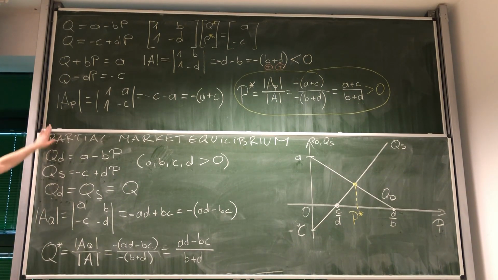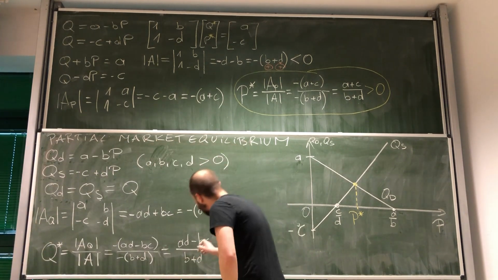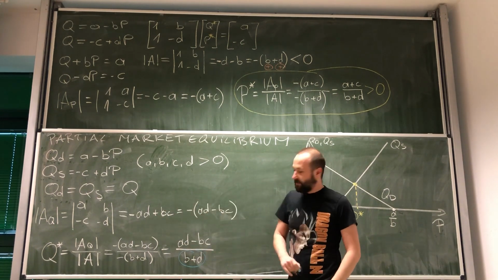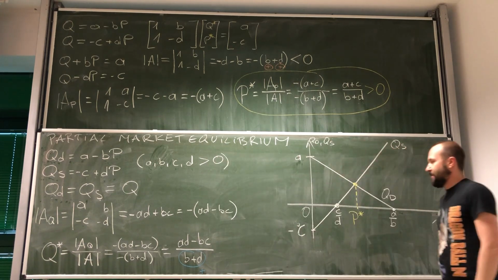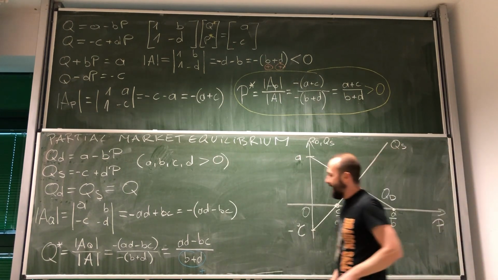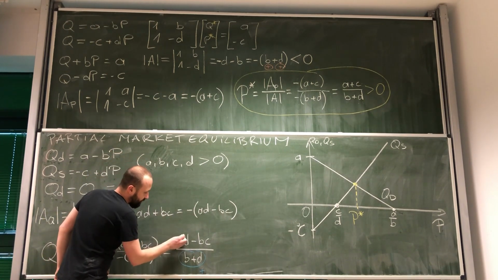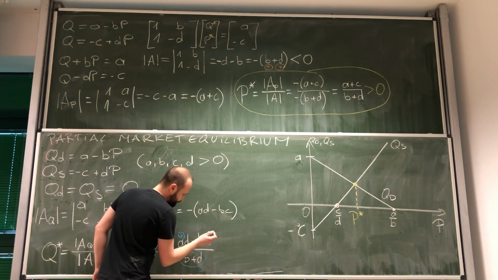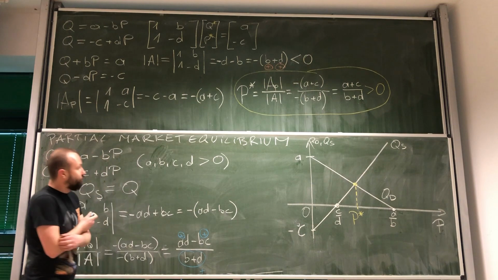However, there is a small problem with this equilibrium quantity. Because look, we see here that B and D are positive, right? So B plus D will definitely be positive. However, A and D are also positive, so this expression is also positive, and this expression, B times C, is also positive.